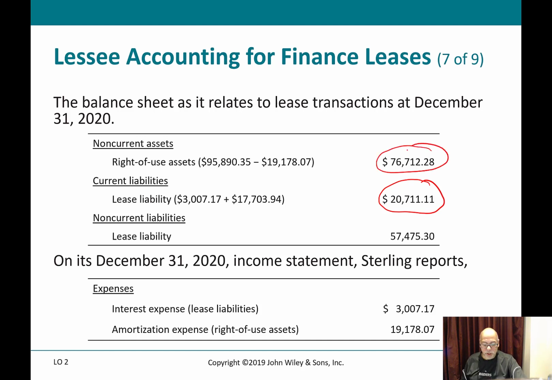The non-current asset, of course, is net of the amortization that we've taken, and then we also have the non-current portion of the lease liability, right? Then on our income statement, we have interest expense and our amortization expense from the right of use asset, which is basically like depreciation expense. Okay, no more complicated than depreciation.